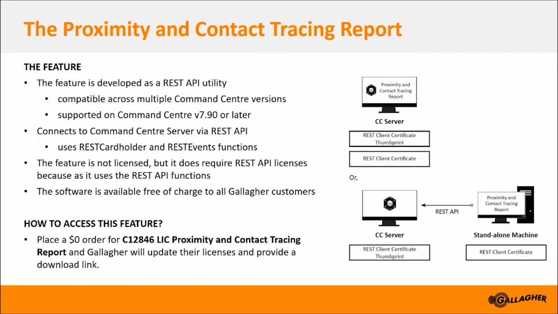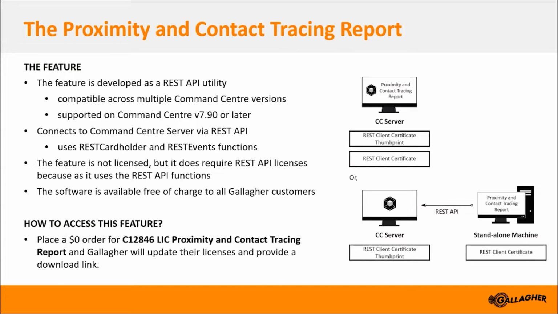So when we were deciding on the approach of how we would deliver this feature, one of the things that were really important to us was making this feature available to as many of our customers as we could at the quickest time possible. That's why we decided to develop this feature as a REST API utility.